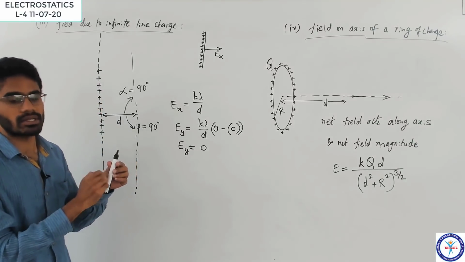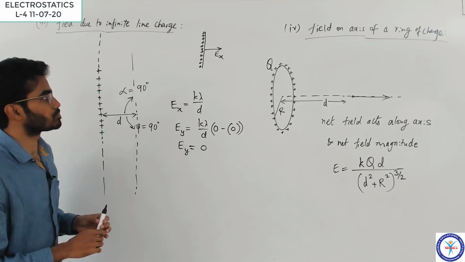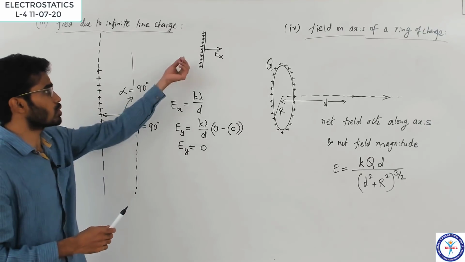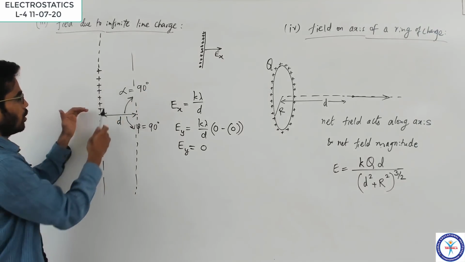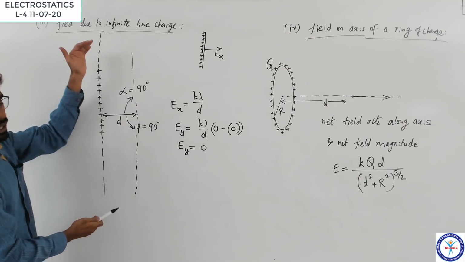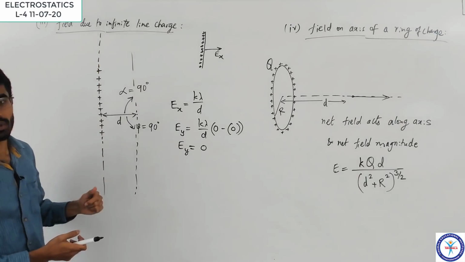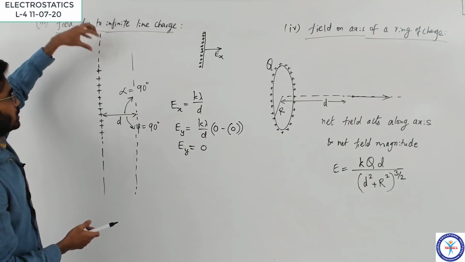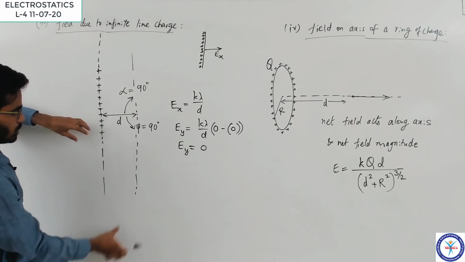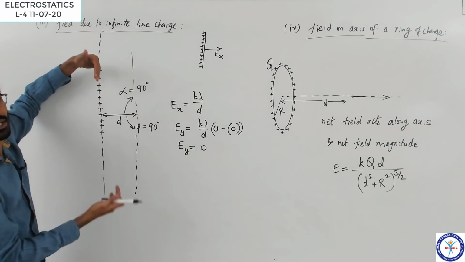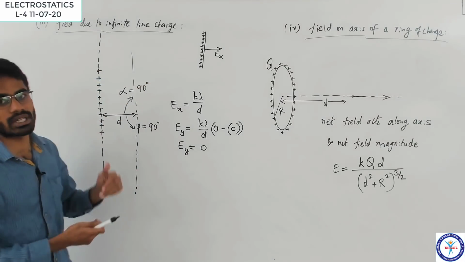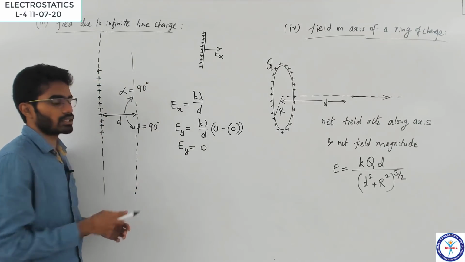At such close points, Ey is not possible, because for such a close point, on either side we have equal charges, and the vertical components get cancelled out, right? Field due to this will be directed downwards, and field due to this will be directed upwards, and they will cancel out. But the horizontal components will add up. That is why we are getting this.